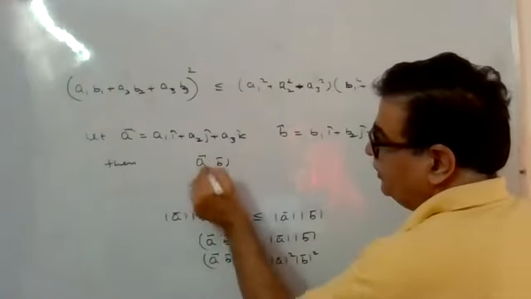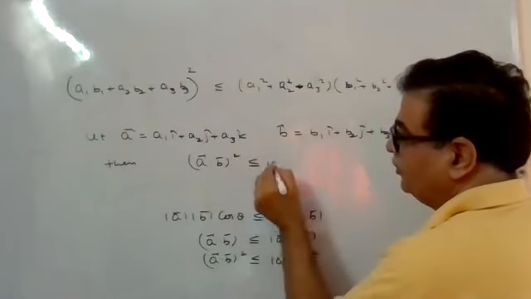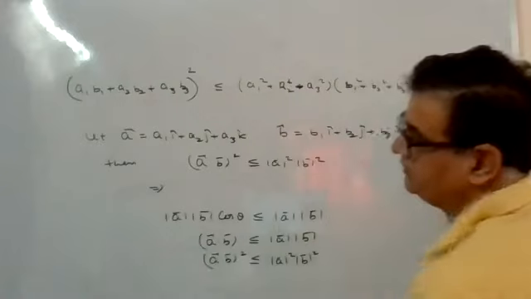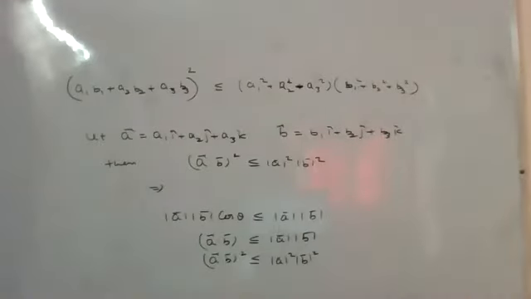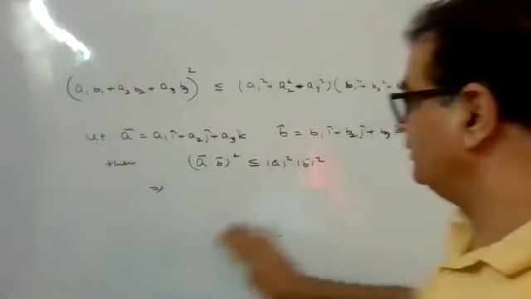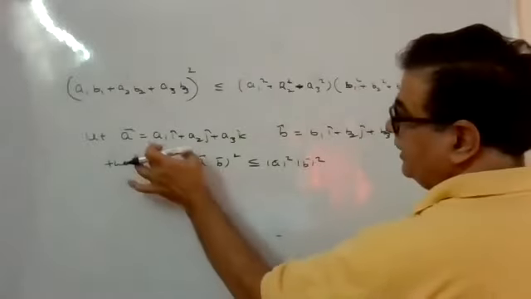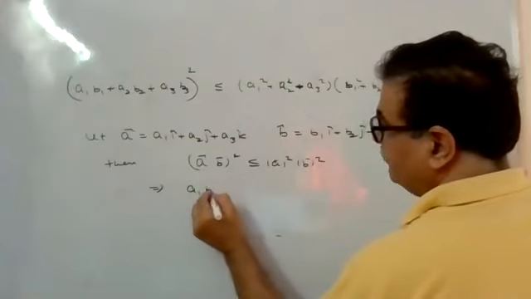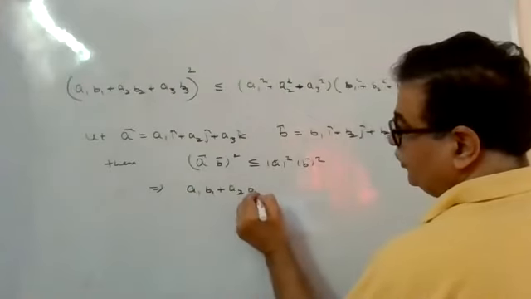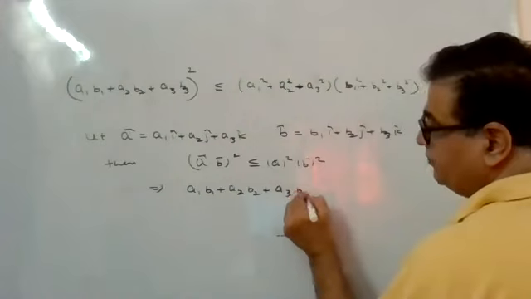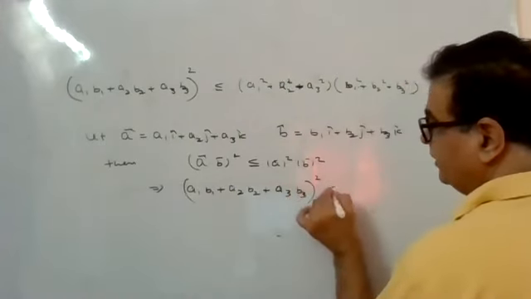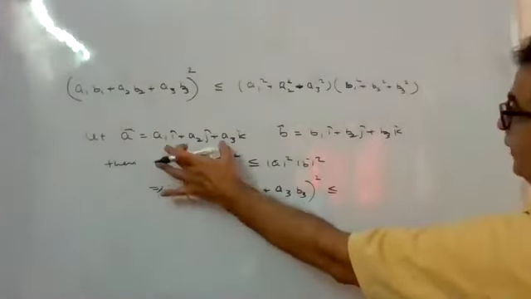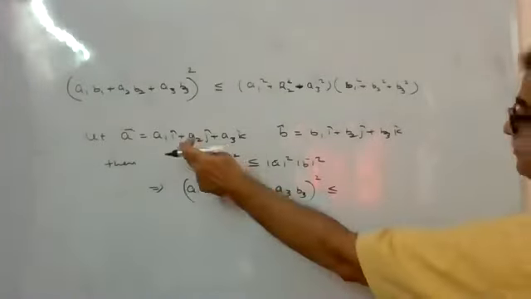Then (A dot B) whole square less than or equal to magnitude A square magnitude B square implies, what does this imply? A dot B, here is A and here is B. A dot B will give A1 B1 plus A2 B2 plus A3 B3 whole square less than or equal to magnitude of A square.